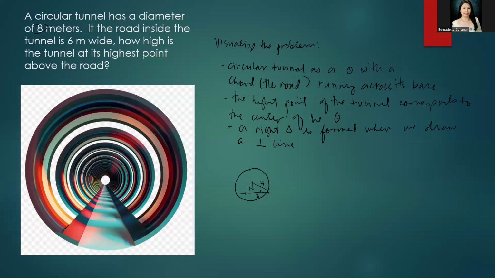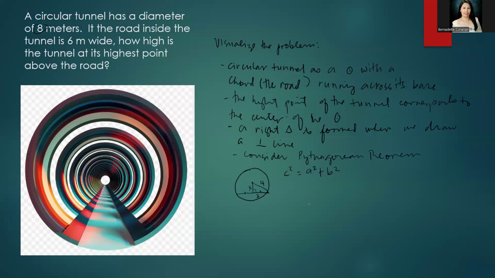Since we have a right triangle here, we can consider the Pythagorean formula, which states that the square of the longest side equals the sum of the squares of the other two sides.